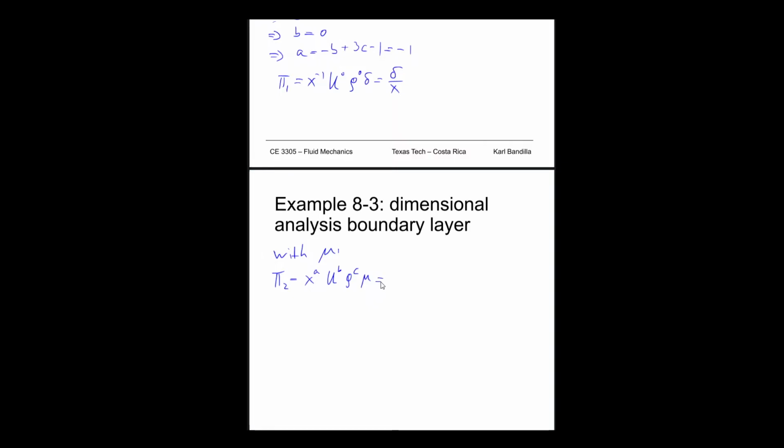And that means for our dimensions, x is just the length, u is length per time, rho was a mass per volume, and then mu is given as mass per length per time.